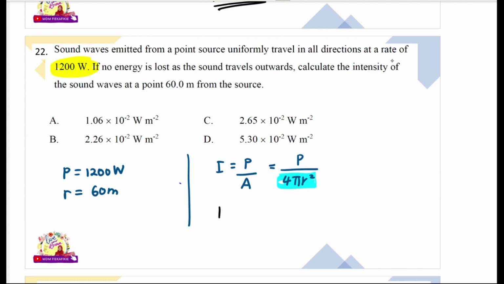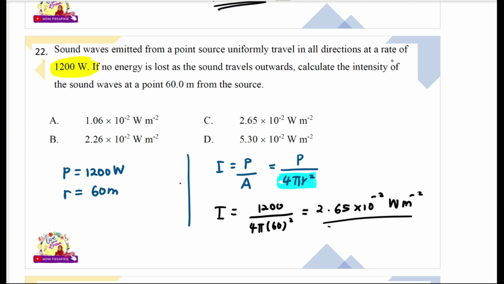So you akan dapat I is equal to, okay, you just substitute 4 pi, r is 60 squared and the answer is 2.65 times 10 power of negative 2 watt per meter squared. Okay, so the answer is C. Okay, good. Alright, next question number 23.